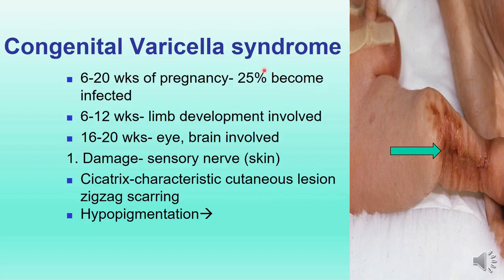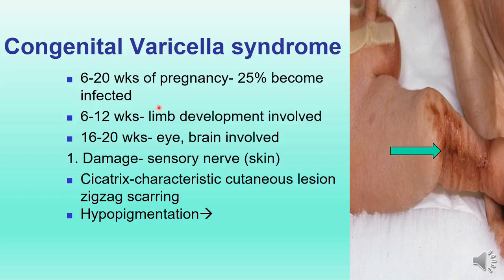Let's see what congenital varicella syndrome is. This is different from neonatal varicella. This condition occurs if the mother acquires chickenpox infection at 6 to 20 weeks of gestation, and 25% of pregnancies can be infected with the varicella zoster.